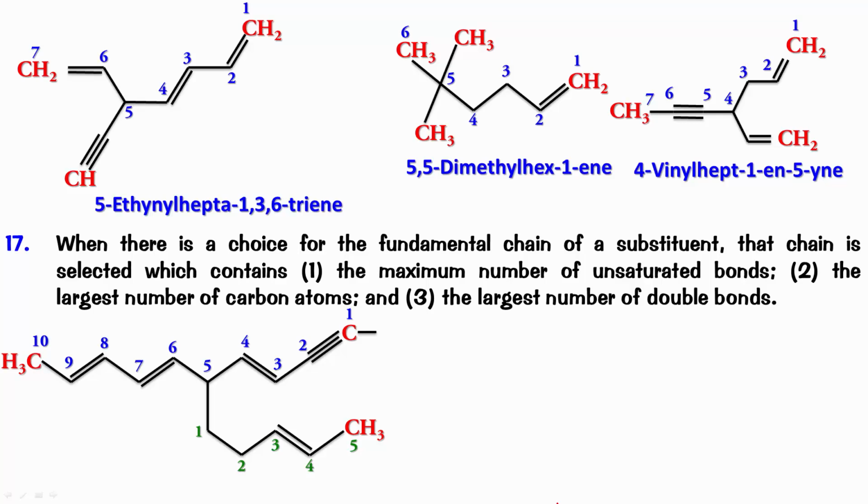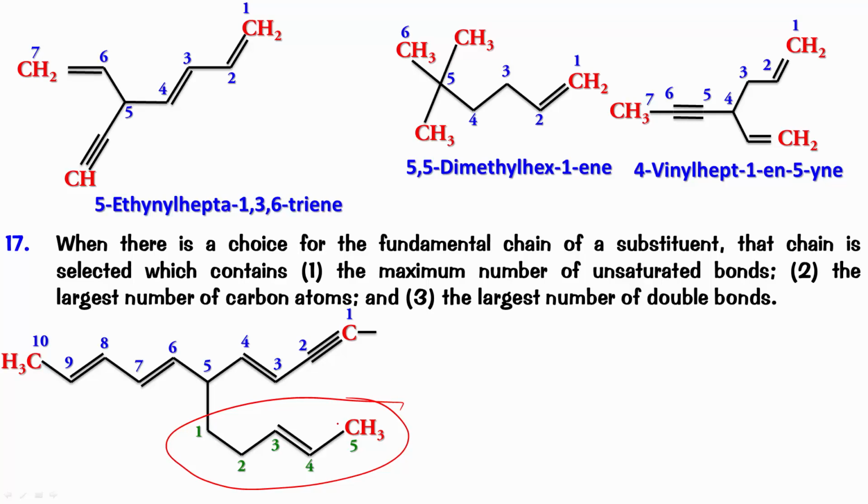And the branch of the branch is named like this. Now look at the complication in this. This particular thing is the branch of the branch, and that also contains a double bond. So what would you call this branch of the branch? Because this has to be named first. So we call it pentene, and it's at point 3.